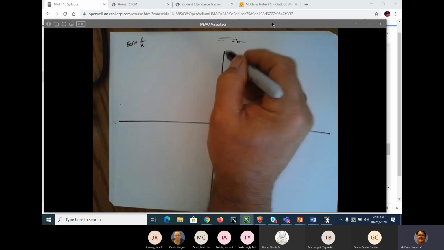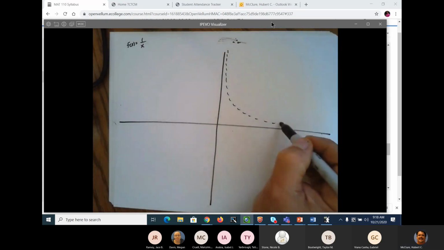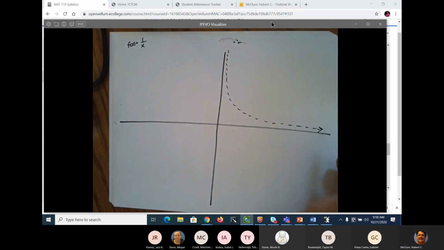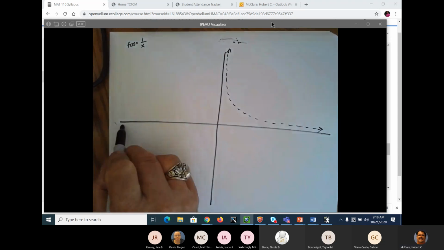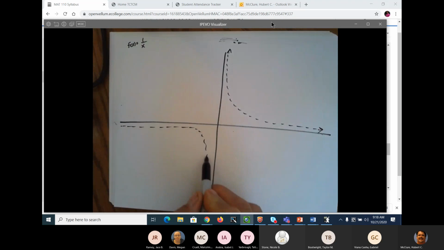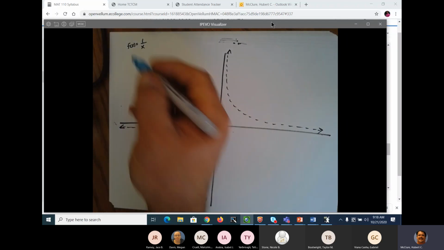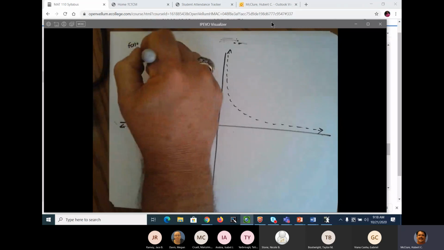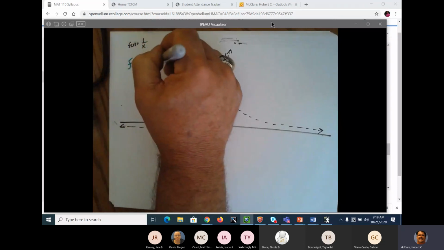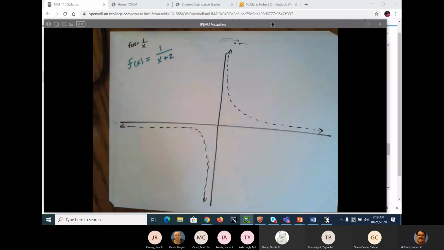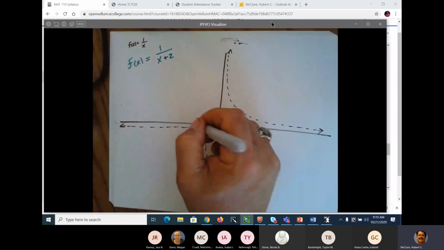And you know it looks like that. And I say, well, I want to change it a little bit, and I want to do f of x is equal to 1 over x plus 2. Well, at that point, you know you've got a horizontal shift of 2 to the left. 1, 2.